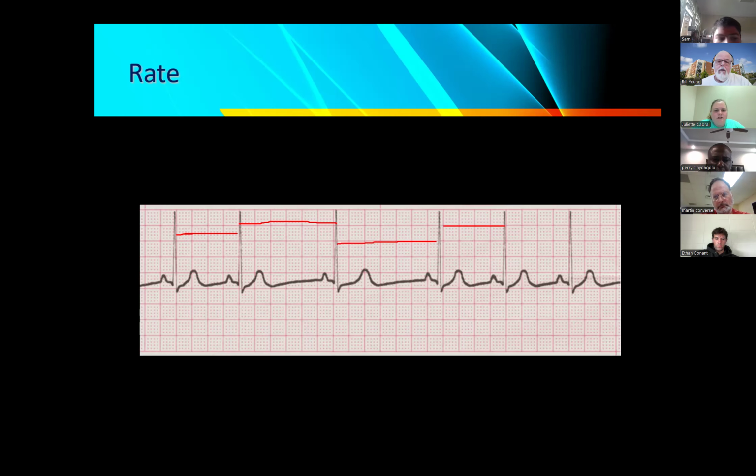What exactly are you asking about? So, what's the pattern? What do you see in the pattern of that progression of the distance between the first R to R, the second R to R, the third R to R, and the fourth? And the R to R is the distance between, we call it R to R, but it's the distance between the QRS complexes.